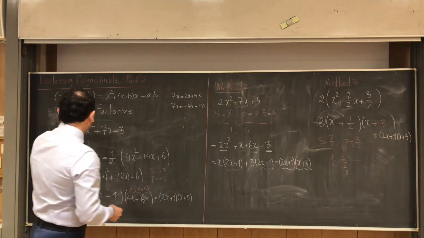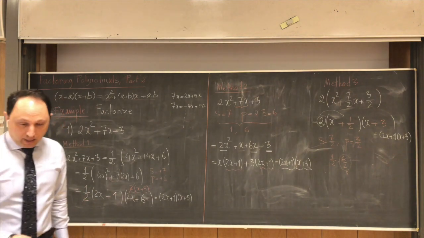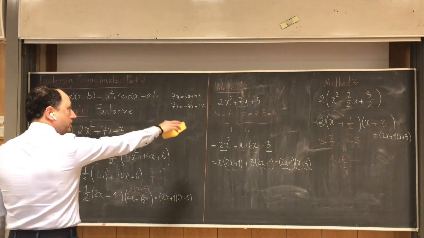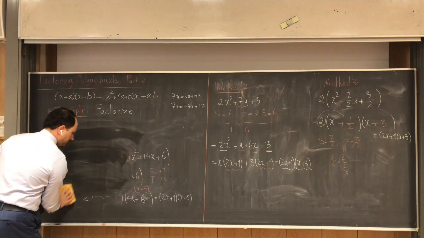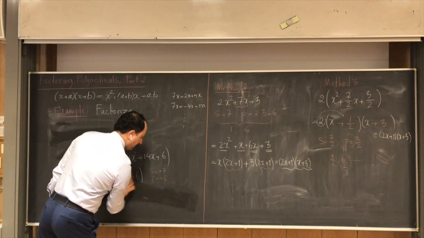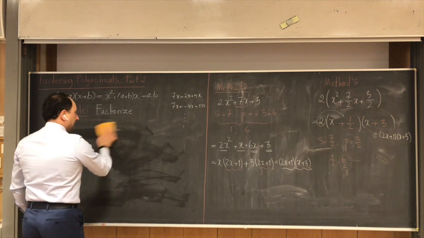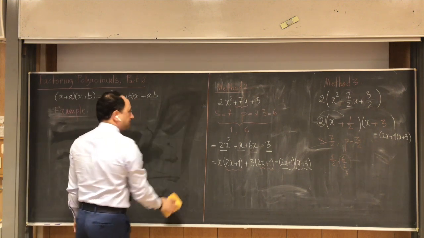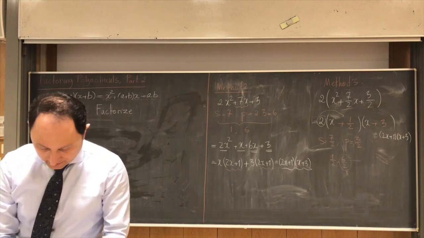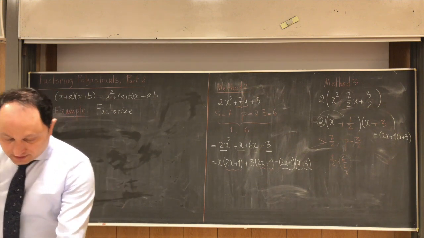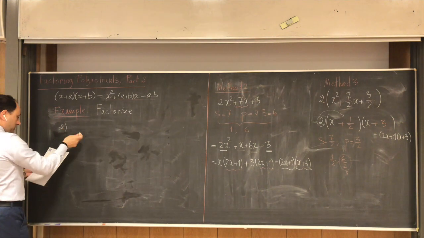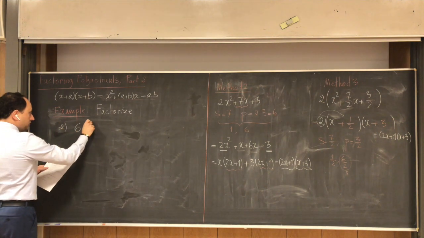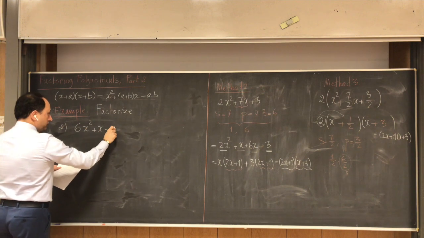Okay, let me give you one more example of this type, and then I want to solve it again with two methods. Okay, so number 2, we want to factorize 6x squared plus x minus 15.